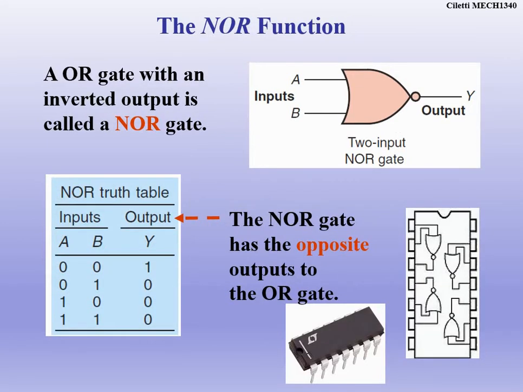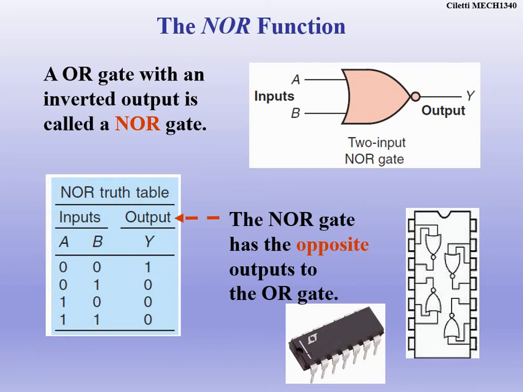Okay, this is a NOR gate. So it's the same kind of concept as the NAND gate. We're going to take an OR gate and invert it. So we call it a NOR, which means not OR. So it is the exact opposite of an OR gate truth table. In this case, if I have 0 or 0, that produces a 0, but then I invert it because it's a NOR gate, which gives me a 1.